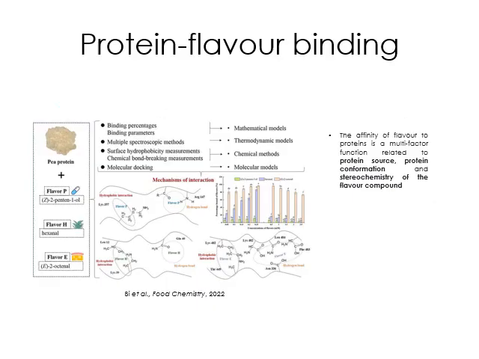Briefly, I'm just going to cover protein flavor binding. The affinity of flavor to protein is multifactorial because it depends on the protein source, protein conformation, and stoichiometry of the flavor compound. Here, just to give an example, we have flavors P, H, and E. P is pentan-1-ol, H is hexanol, and flavor E is octanol.